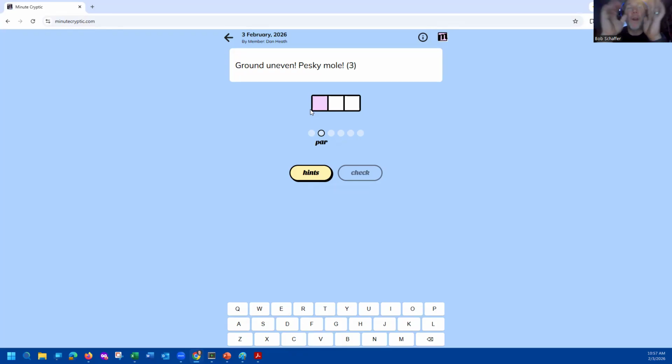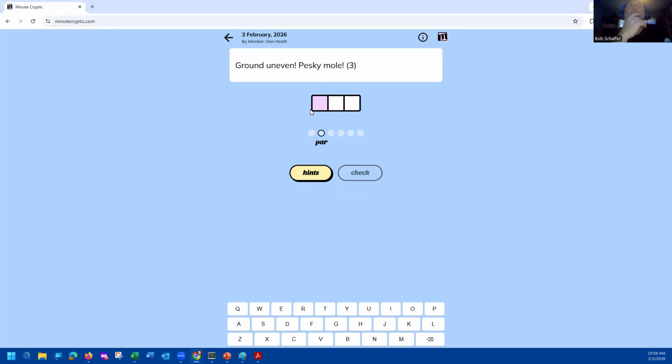If it said that ground was the indicator, I would have to assume that we're grounding uneven to get to pesky mole. I don't see any way that's true. If uneven was the indicator, I could see that acting on ground to make pesky mole. I guess I could just try GON. Is that something I haven't heard of?